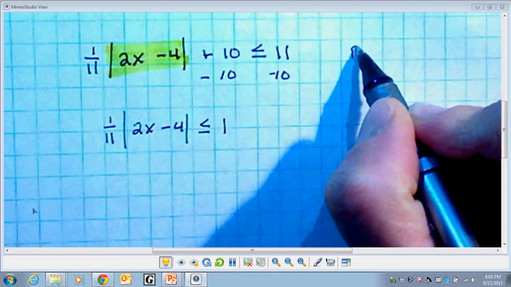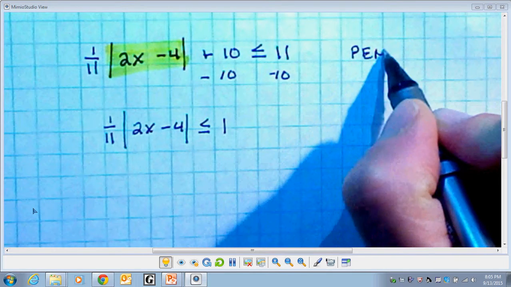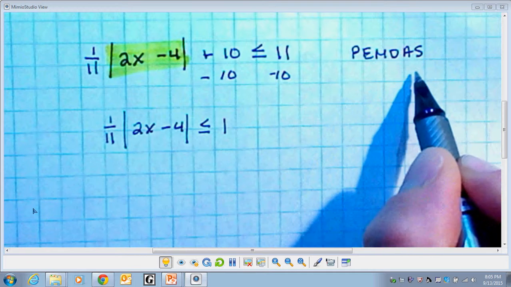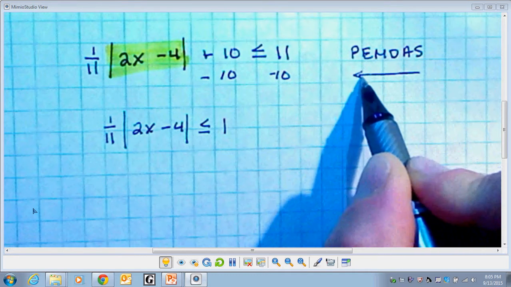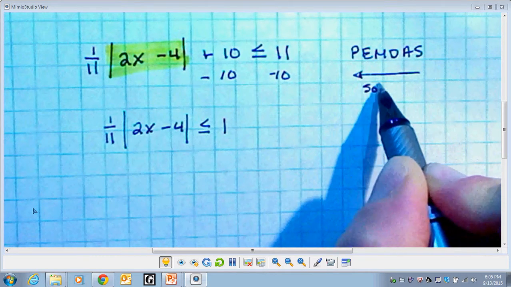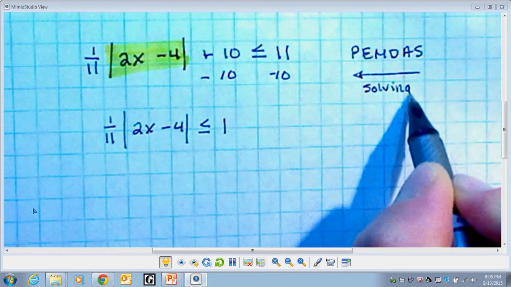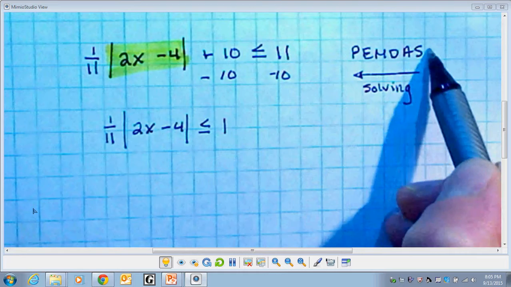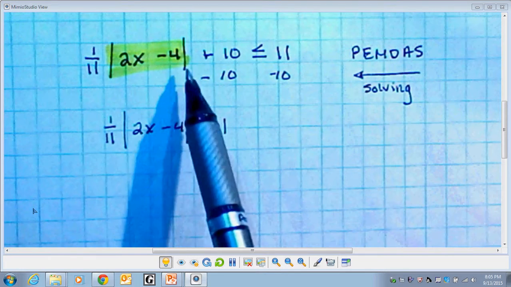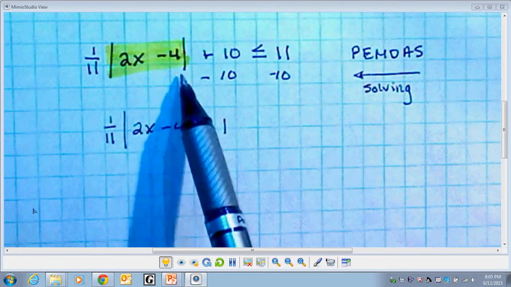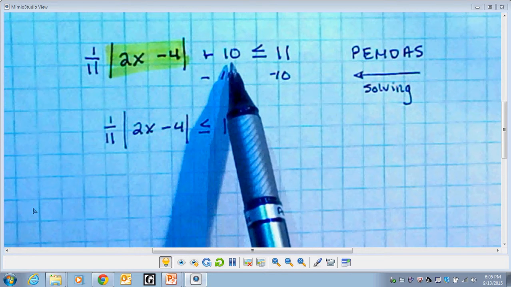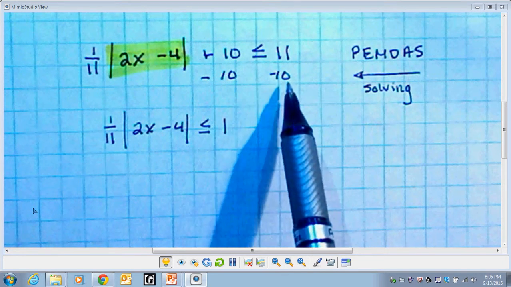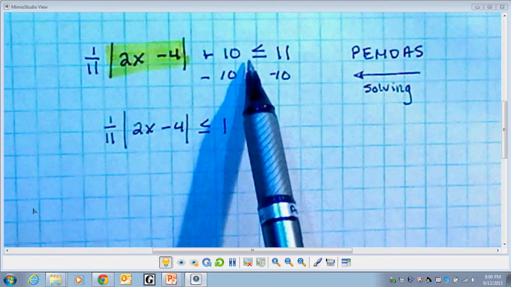Well, remember, when I'm talking about the order of operations and solving, I'm going backwards. So solving, I'm going to look at anything being added or subtracted to what I'm trying to get by itself. Yes, 10 is being added, so I have to subtract 10 from both sides of that inequality.